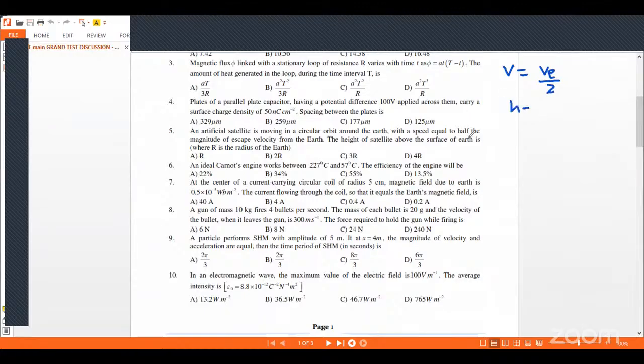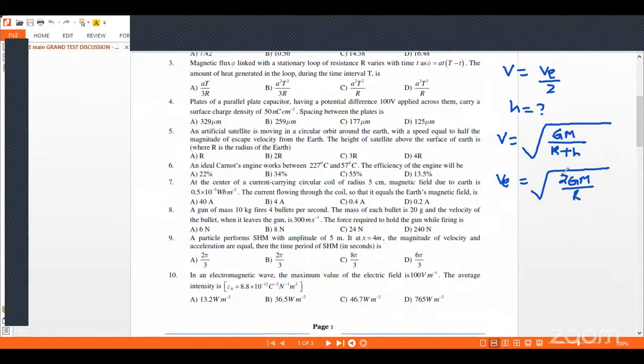So we can say the speed is under root capital G capital M by R plus H. Escape velocity formula is under root 2 capital G capital M by R.